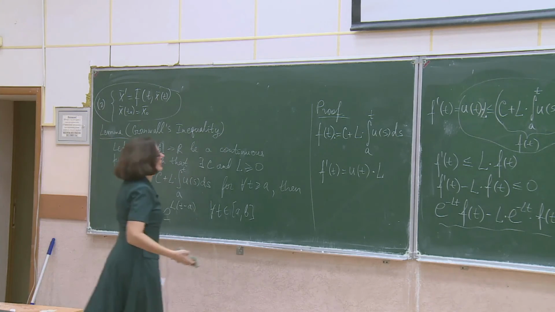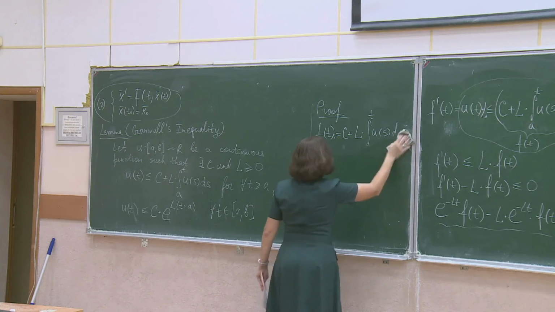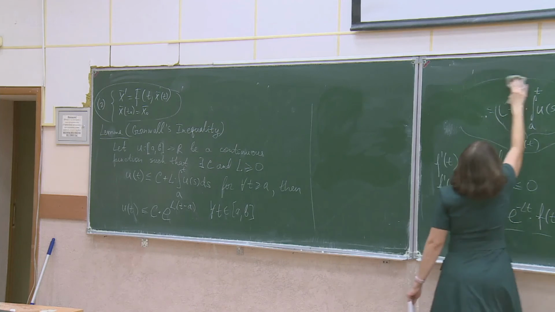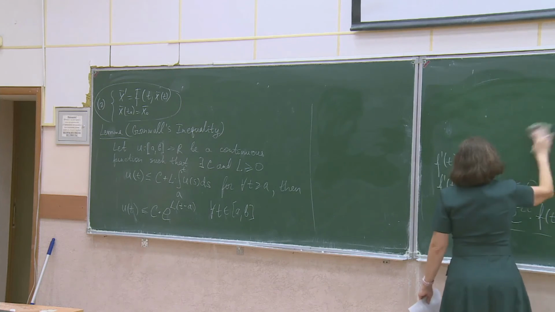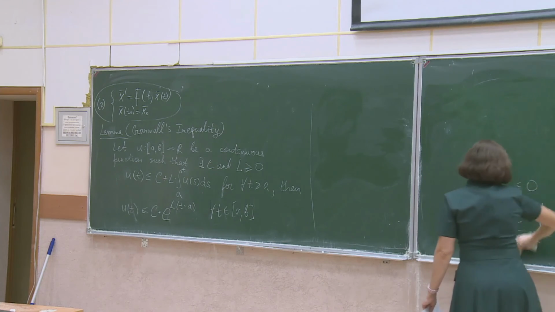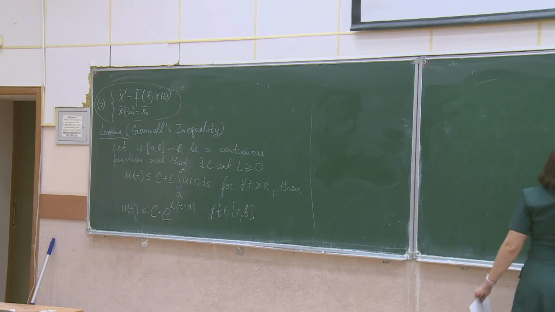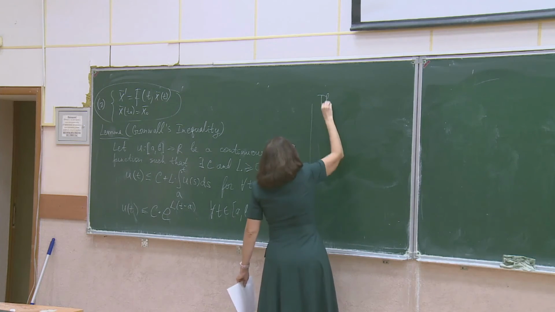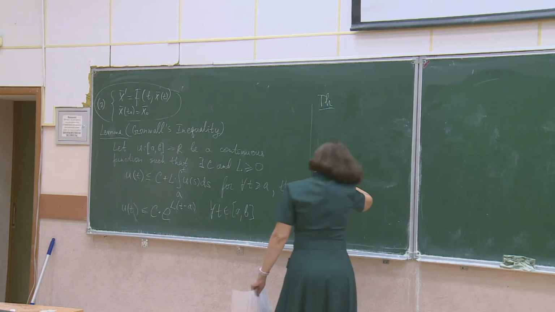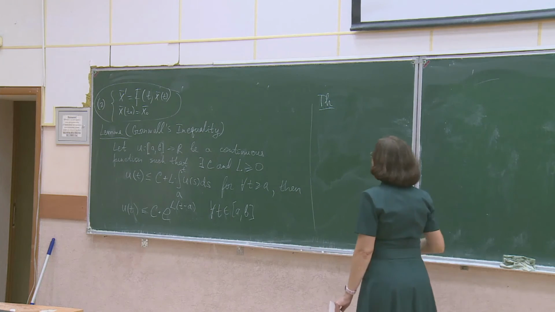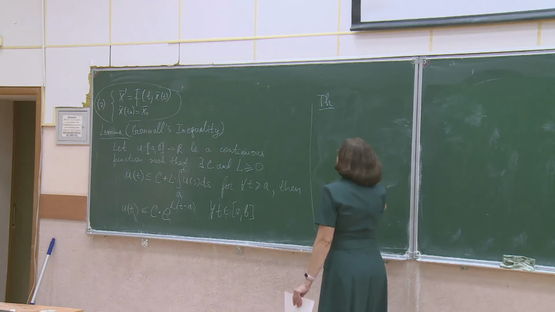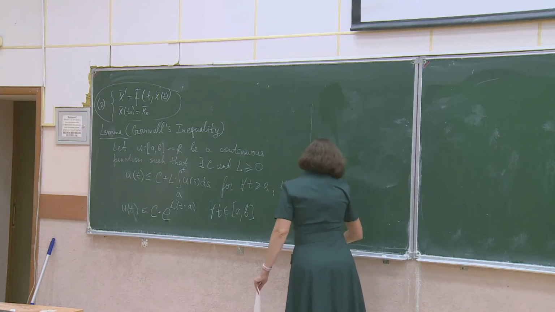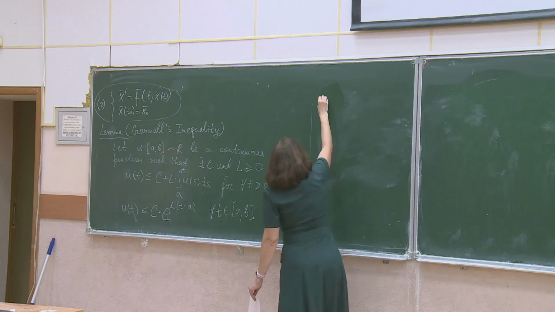So this is the Gronwall lemma, and we will use it in proving the following theorem: the dependence on the initial conditions. So I will state, first of all, I will make some preparations for the theorem.